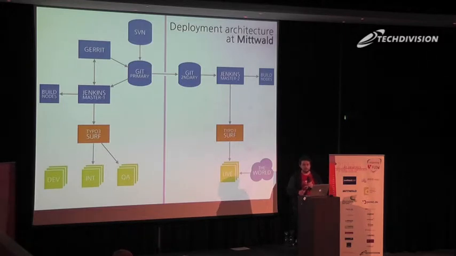Just a remark. If someone wants to know how to deal with branches in Git, there's a very good approach in a blog article called "A Successful Git Branching Model." I can share the link later. It tells you how to deal with release branches and feature branches, and it's a really good approach.